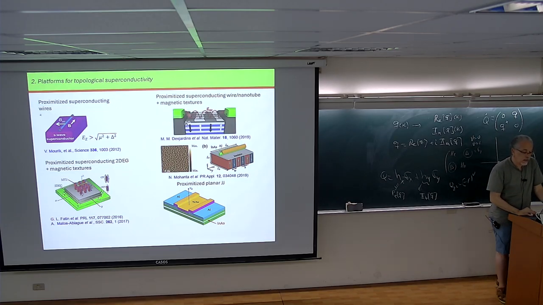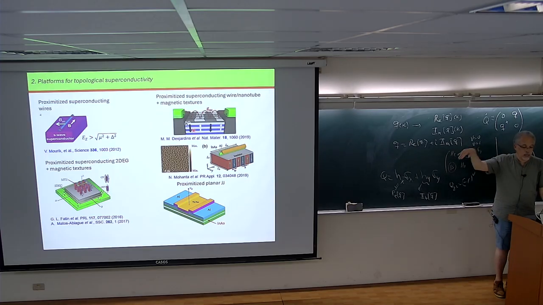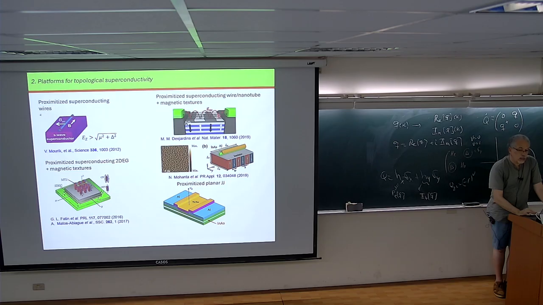So this is an experimental work actually, you can have in that case a carbon nanotube, and then you can have the spin texture created by these arrays of magnetic layers. So the fringe fields of these magnetic layers make this spin texture. And the spin texture is equivalent to having Zeeman splitting plus spin orbit.